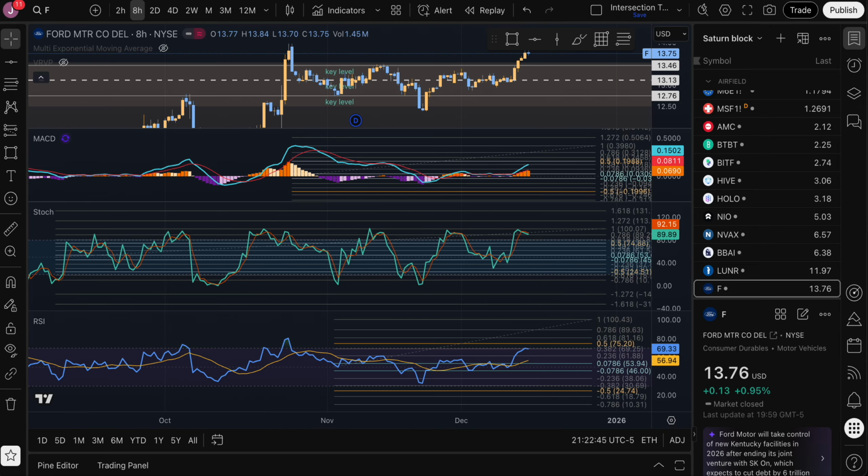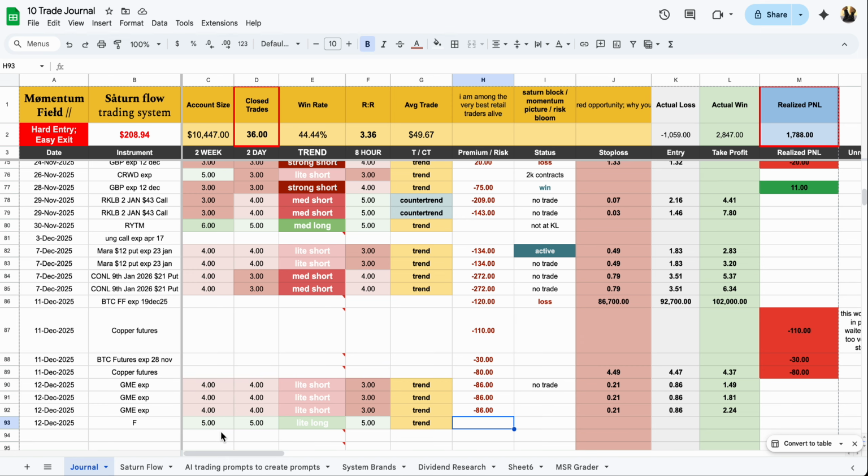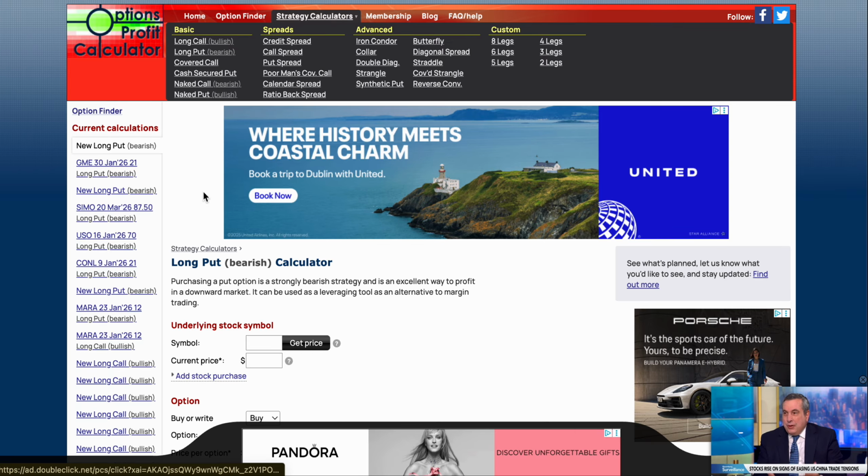Okay, so we've gotten the intended trend and direction. So the next thing that I'll do is I will create the risk design or the risk strategy. I like to call it the risk bloom, because you're blooming your potential risk and reward through a strategy of multiple trades, right?